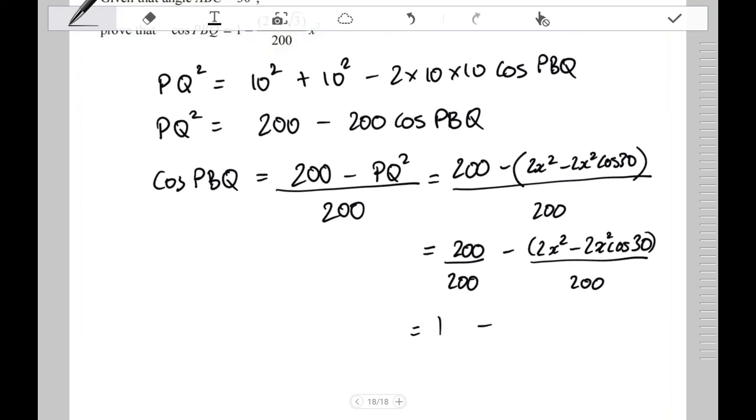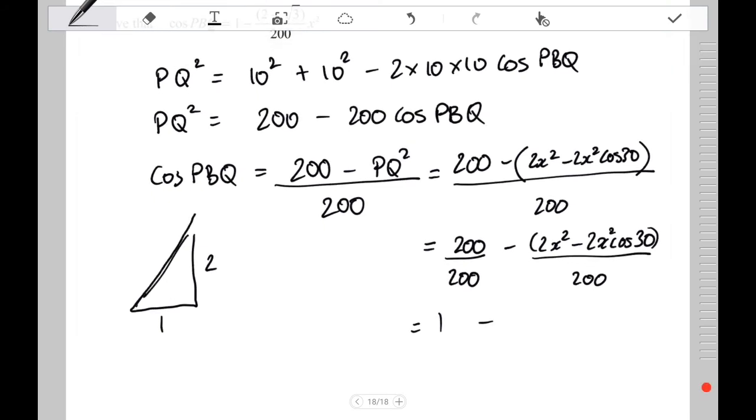Okay, we know that cos 30, if you have a triangle like this, what type of triangle are we doing? We're doing a 2-1 triangle. So this will be 30, this will be 60, and this is root 3.